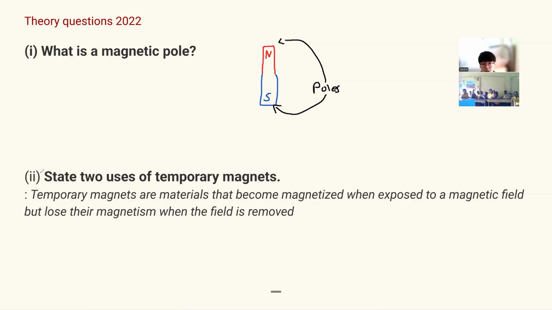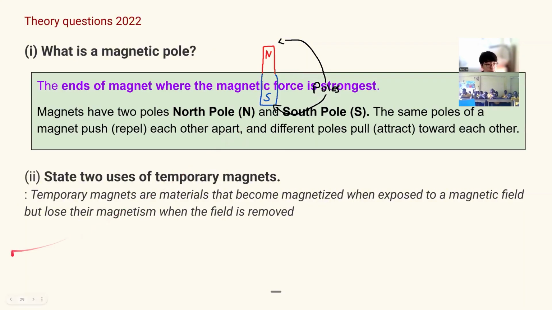Well, they are the extreme opposite ends where the magnetic force is the strongest. Like we've seen, magnets have two poles, the North Pole and the South Pole. And each of these poles is where the magnetic force is the strongest.